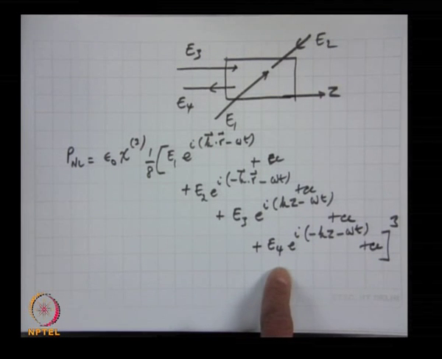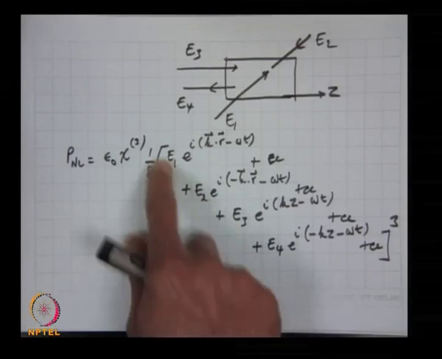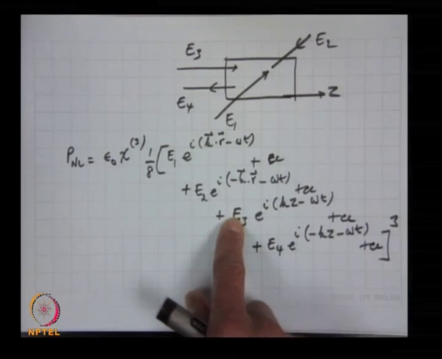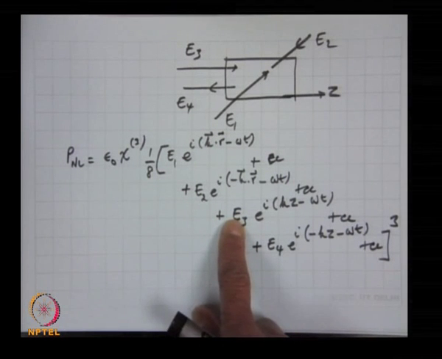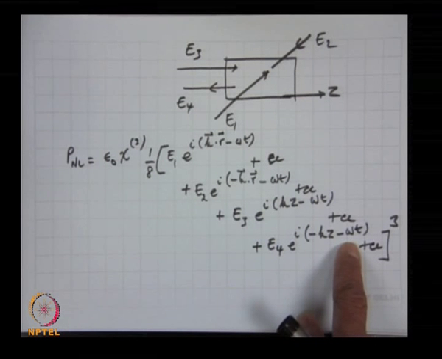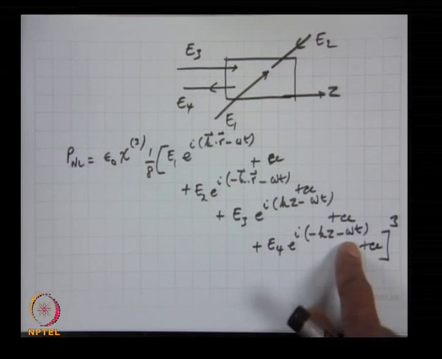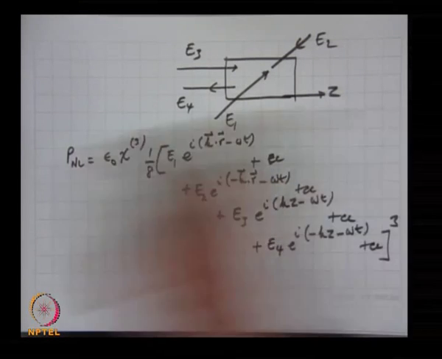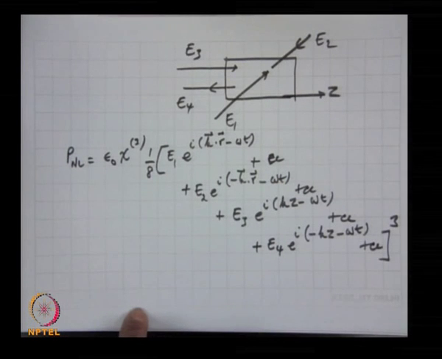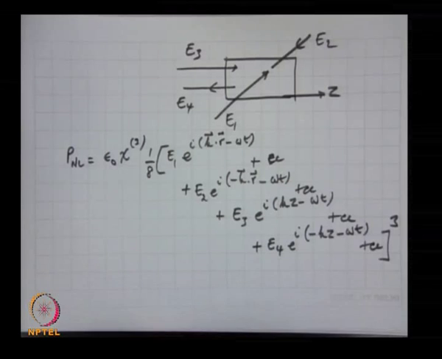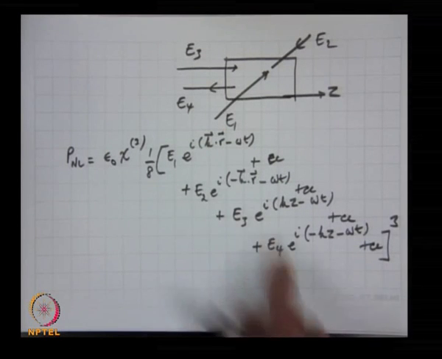Yesterday I showed you that the presence of these three terms generates a nonlinear polarization at the frequency omega, and that polarization will try to generate a wave in the direction exactly opposite to E3. So assuming that such a wave can get generated, I have added that also into this total electric field expression.